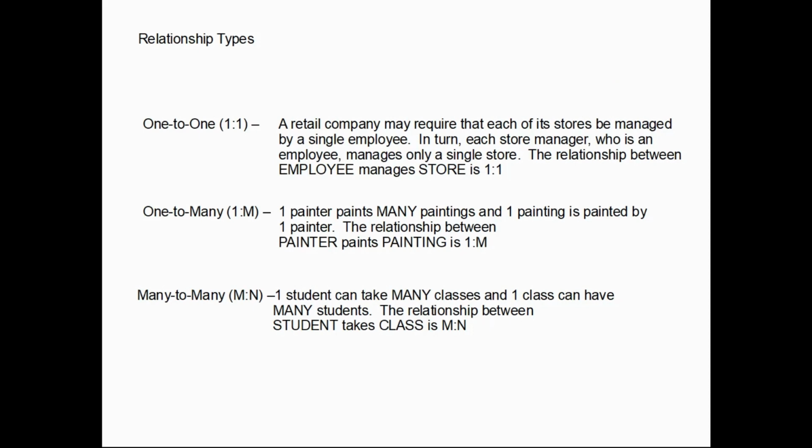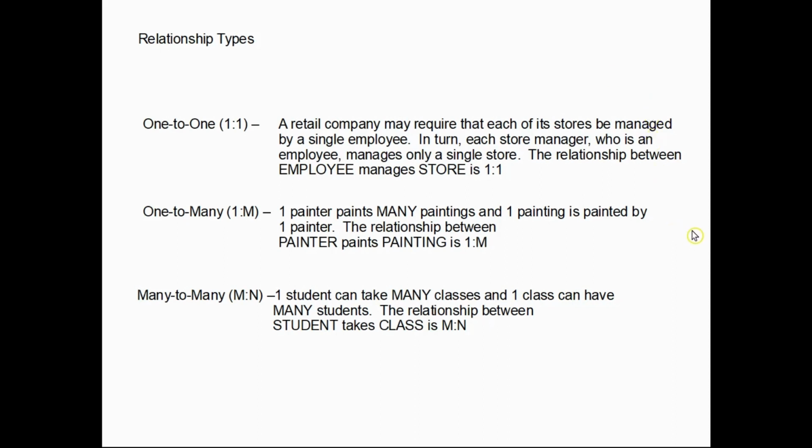I will say this, if you think you end up with a one-to-one between 2 tables, double check it. They're very rare. The majority are one-to-many and many-to-many. Not saying it doesn't exist, just double check it.